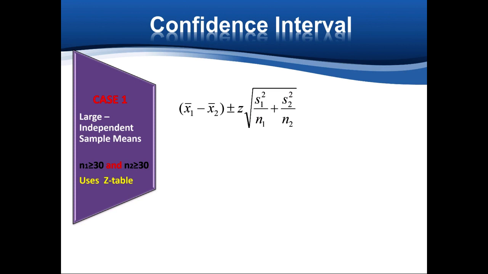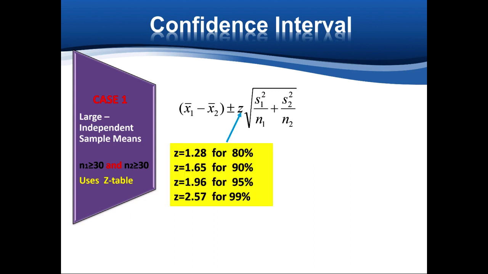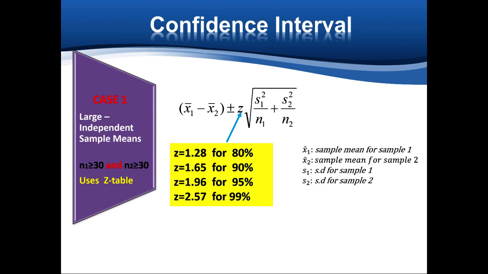Here is the form of the confidence interval for the difference, where you can select the z-score for different confidence level, 80%, 90%, 95%, or 99%. X1 bar, X2 bar are the sample mean for 1 and 2. S1, S2 are the standard deviation for 1 and 2.